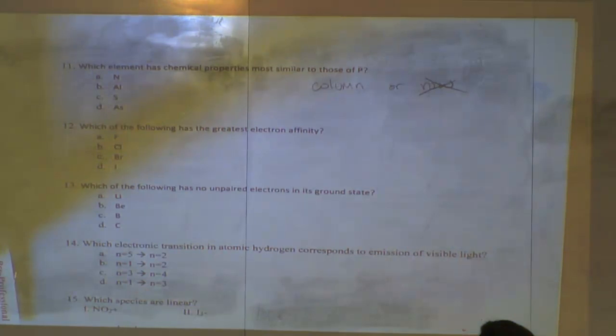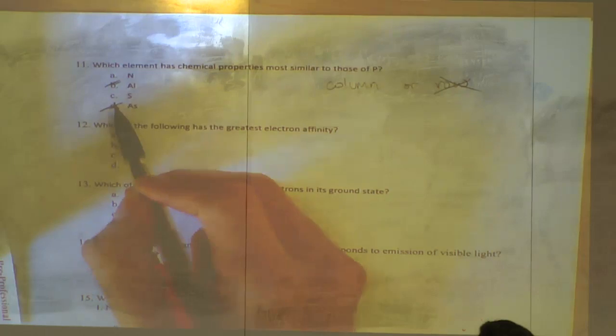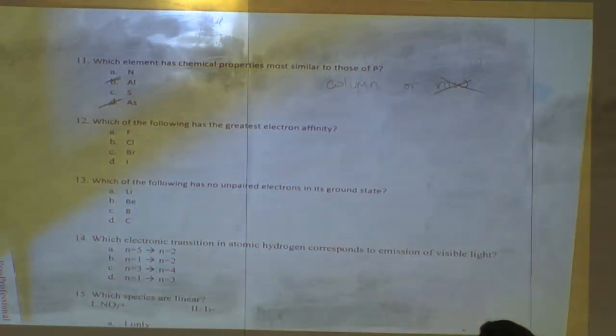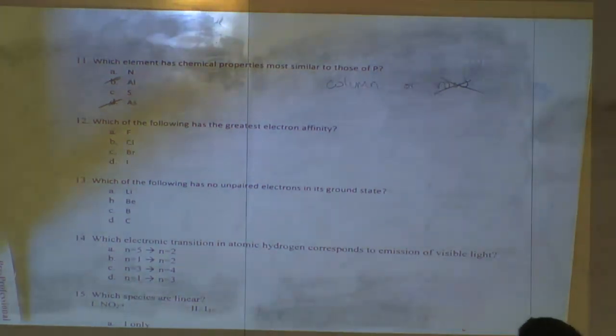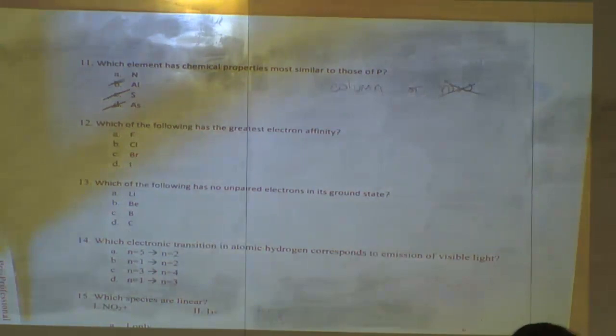So which element has chemical properties most similar to those of phosphorus? Which ones can we eliminate so far? Al and AS. So is sulfur in the same column? You guys have a periodic table on the ACS exam.